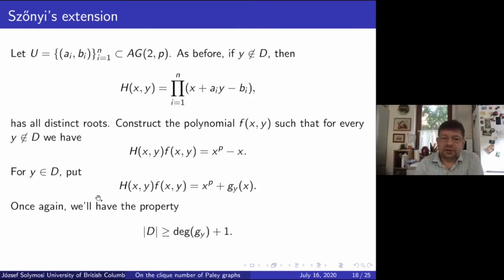So Szönyi's strategy was to construct the polynomial f(x,y) such that whenever y0 is not a direction, so that means h(x,y0), if y0 is not in D, divides x^p minus x. So that's a polynomial, but you can actually construct this polynomial.